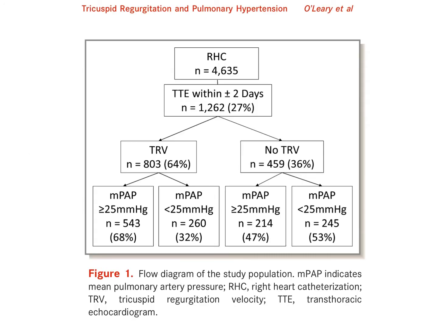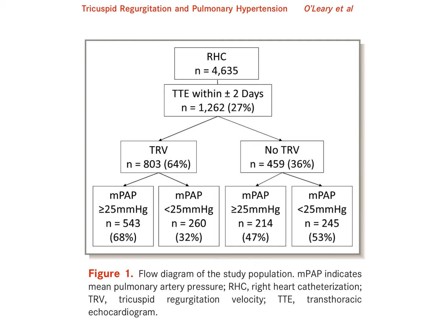In his cohort of over 4,600 patients, more than one-third of patients had no tricuspid regurgitation signal. In this population, almost half of the patients had underlying pulmonary hypertension. In contrast, in the patients with defined signal of tricuspid regurgitation, approximately 2/3 had pulmonary hypertension defined as a mean pulmonary pressure of more than 25 millimeters of mercury.